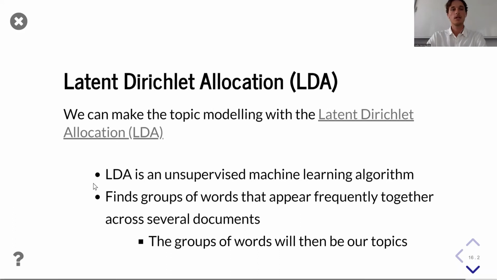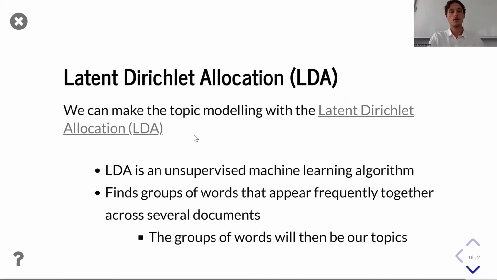And we do this only using an unsupervised machine learning algorithm, which is called latent Dirichlet allocation, also LDA. What this algorithm does is that it finds groups of words that appear frequently together across a lot of documents.